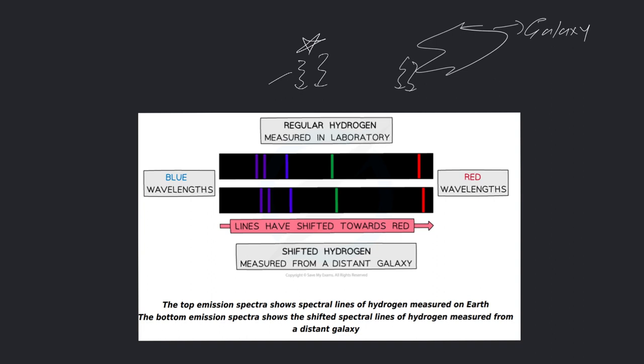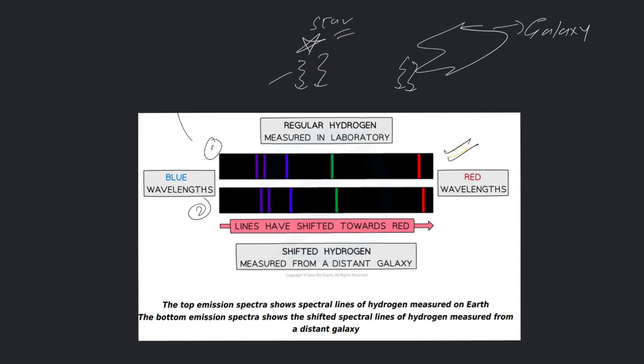When they obtain the spectrum of the light emitted from a star or a galaxy, they get these two patterns. These two patterns are very important in order to study the nature of the star.